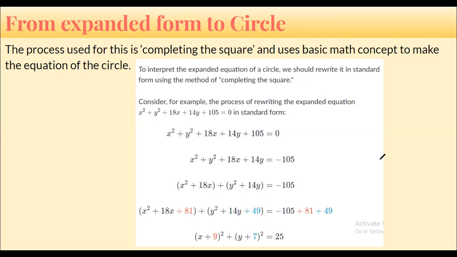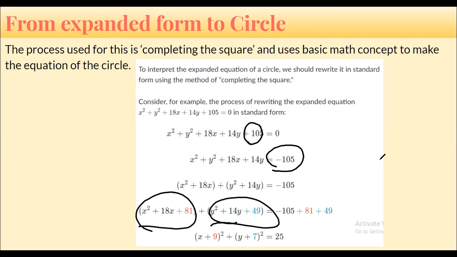Okay, as you can see, you would take 105 and put it on the other side, -105. You would do completing the square: x squared plus 18x, 18 divided by 2 is 9, 9 squared is 81. And then y squared plus 14y, 14 divided by 2 is 7, 7 squared is 49.